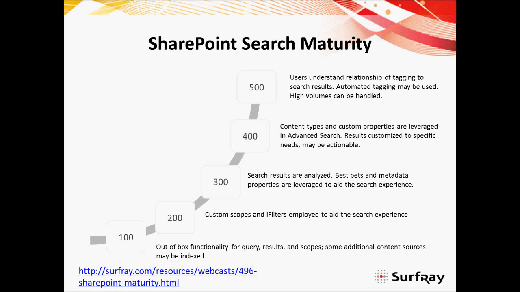And we also talk about scalability. This is where things like FAST come into play, where you need to index over 100 million items. So search becomes very customized as well to your users. You're creating user experiences that are meaningful to who you are, not just the fact that you're accessing the SharePoint farm. So you create customized search experiences.